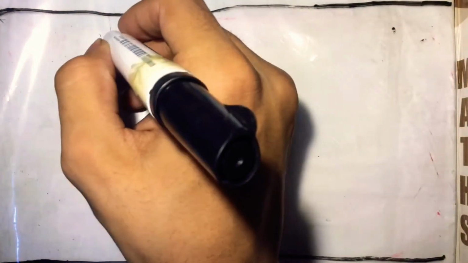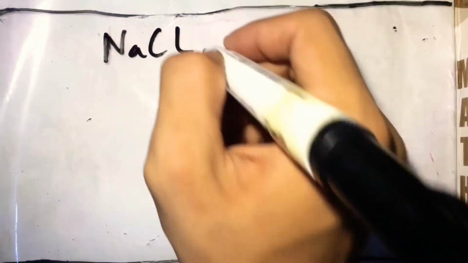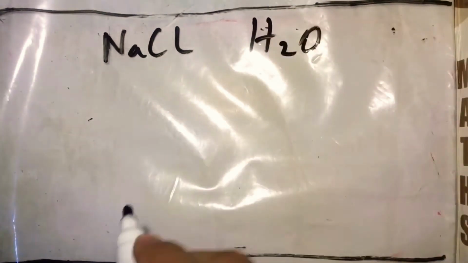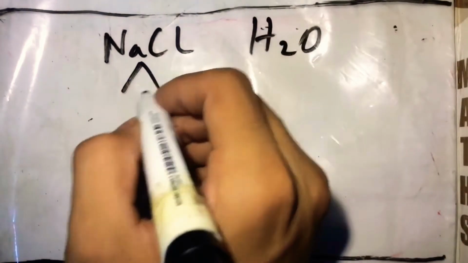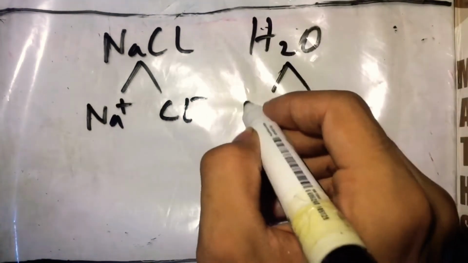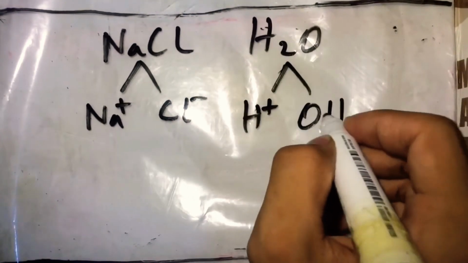In the electrolysis of aqueous compounds, the first example we'll take is NaCl, sodium chloride. So now we'll have two compounds in our solution. One will be sodium chloride and one will be water. Now when they ionize, we'll get sodium ion and chloride ion, and hydrogen ion and hydroxide ion.